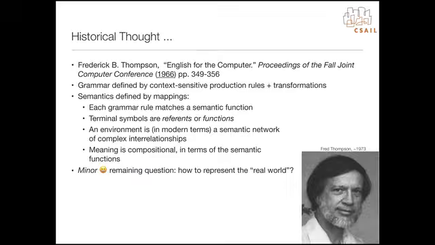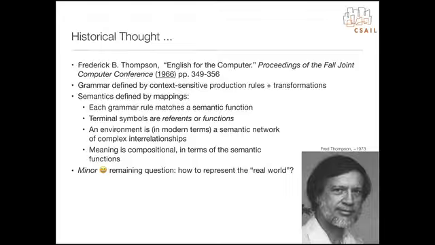His idea was that the way to process English is to assume that there's a grammar, and any English text that you run across, you parse according to this grammar, and each parsing rule corresponds to some semantic function.